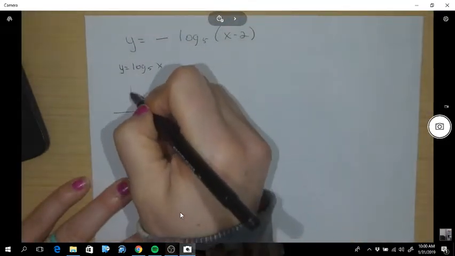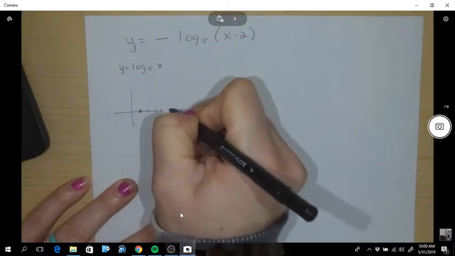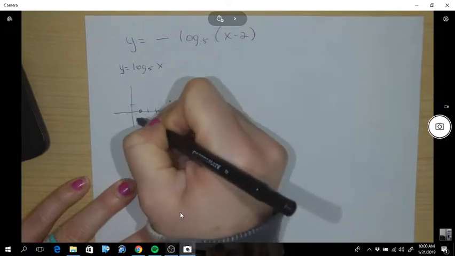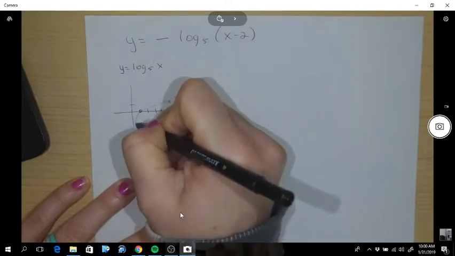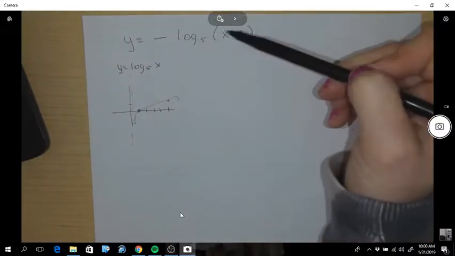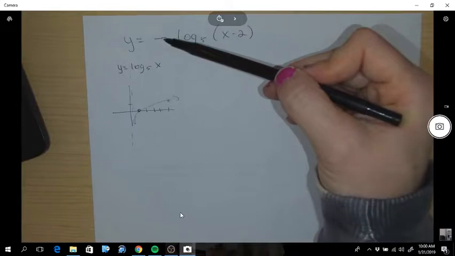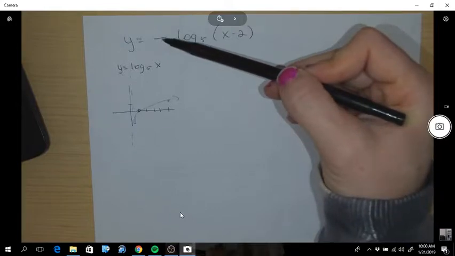So it's going to have the point (1, 0) and the point (5, 1), right? So what happens is that there's going to be a reflection. What kind of reflection is this? It's a vertical reflection.